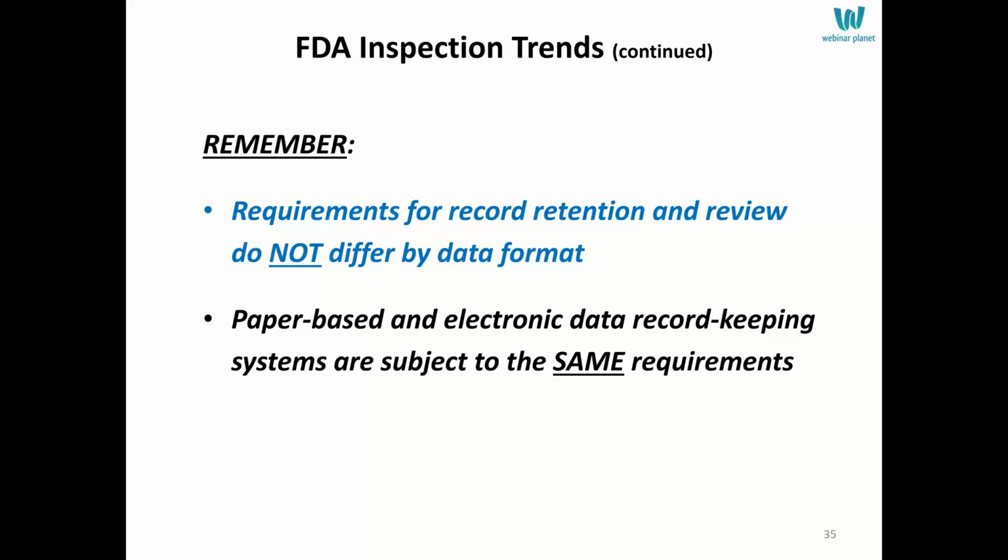Any of these documents or any of these groups of data must be retained for the record retention required by FDA. Paper-based and electronic data, either one, they follow the same requirements. You're required to do exactly the same thing, meet the same standard for paper and electronic.